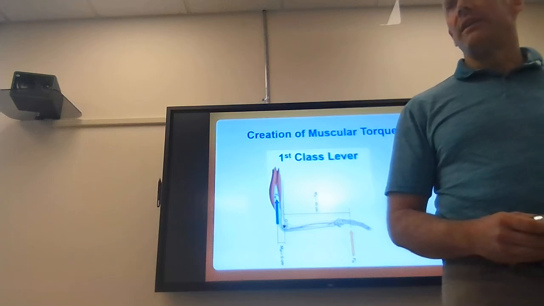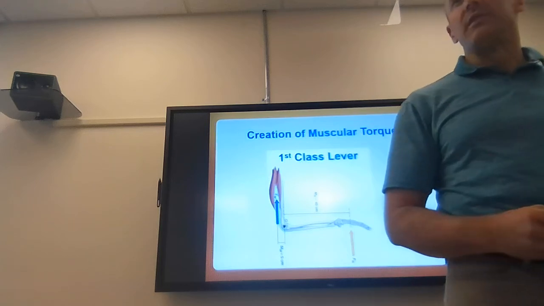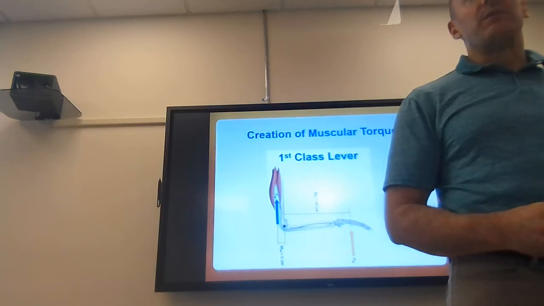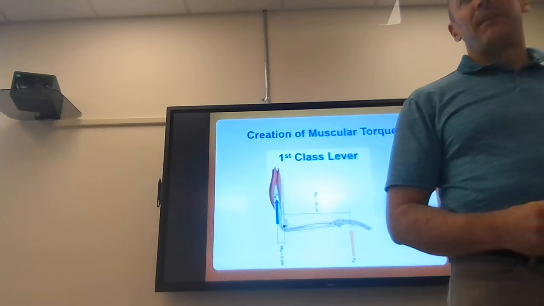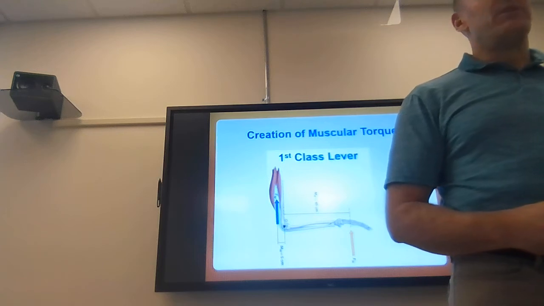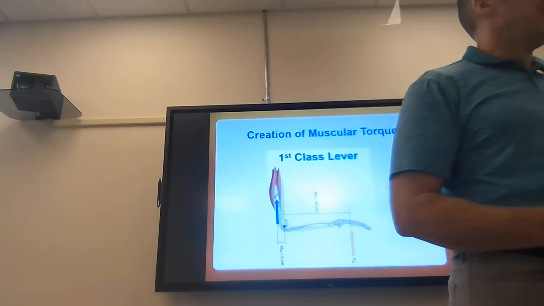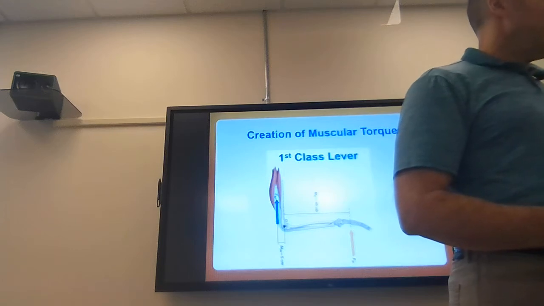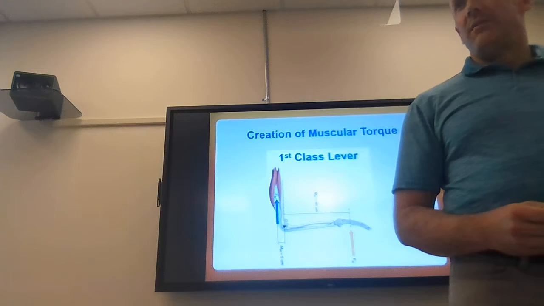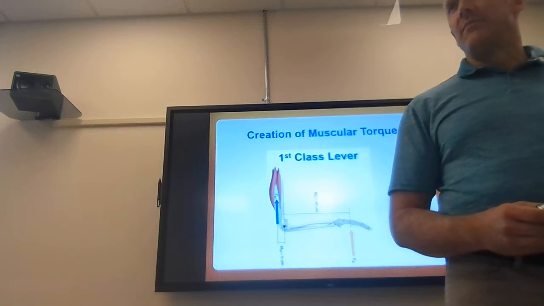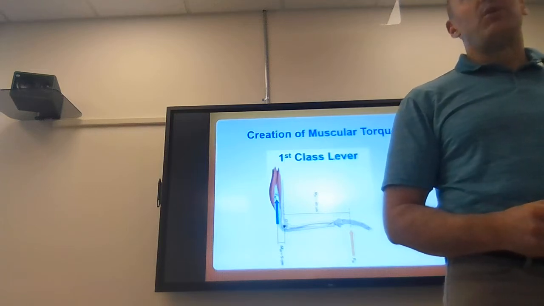And so in the body, we have different arrangements. And so we call these leverage arrangements. And there are 3 of those, and some are more advantageous than others. It really depends on the length of the muscle moment arm versus the length of the resistance moment arm.